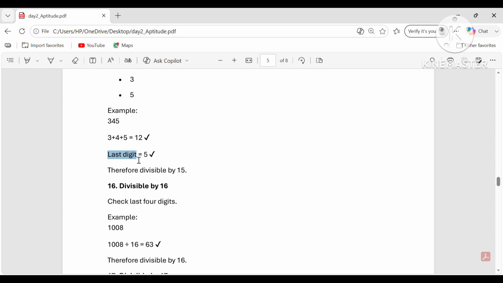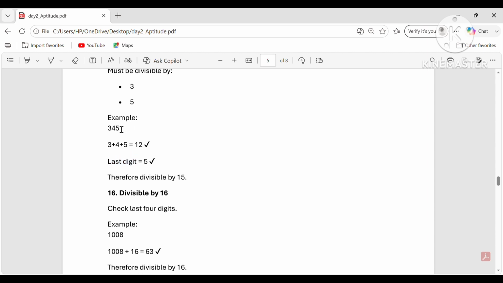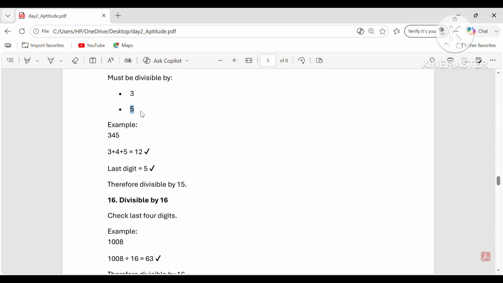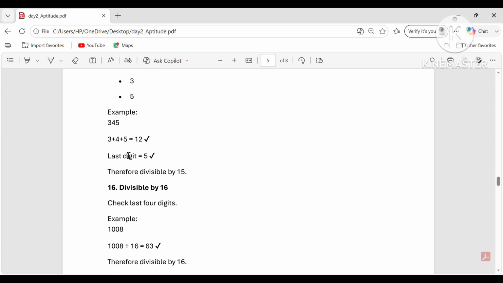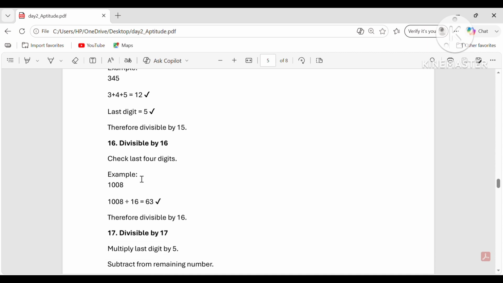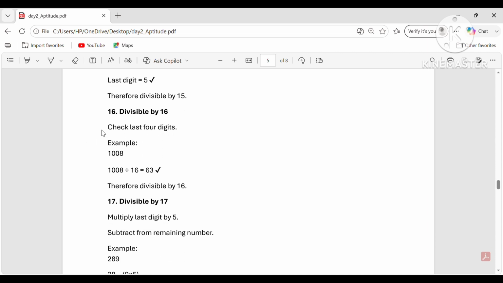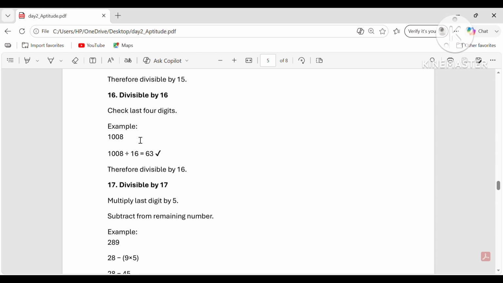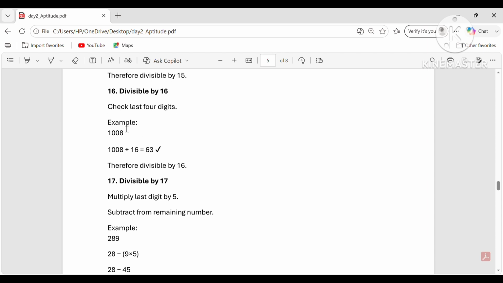Yeah, 14, right? 4 twos are 8. So we got 29 minus 8. 29 minus 8 will give 21. 21 is divisible by 7. So both are valid. Therefore the given number is divisible by 14.